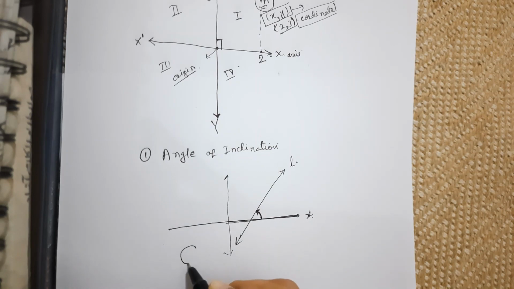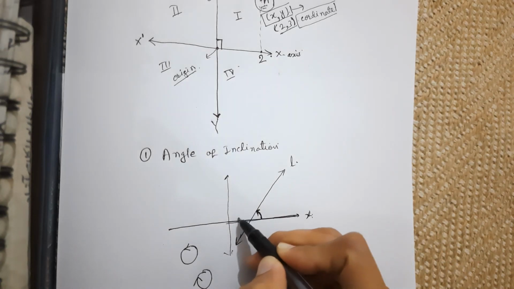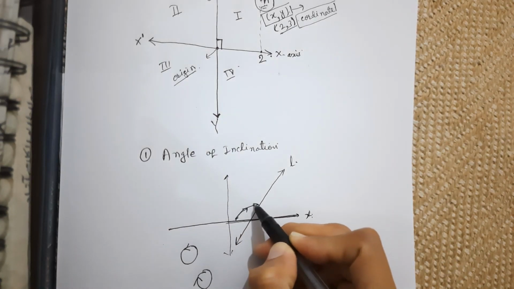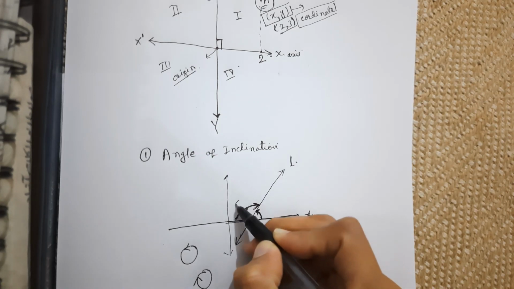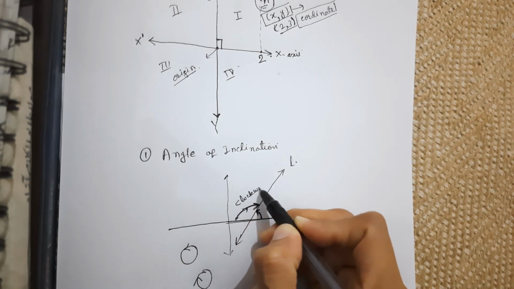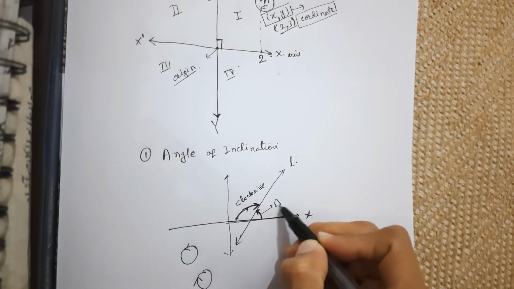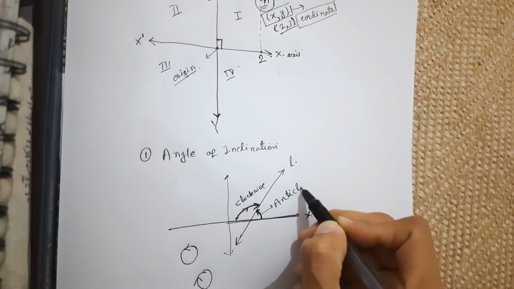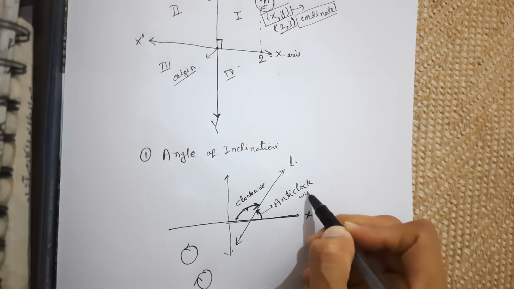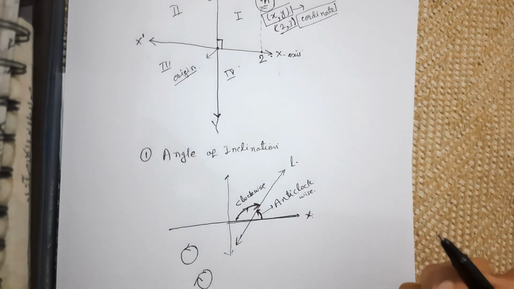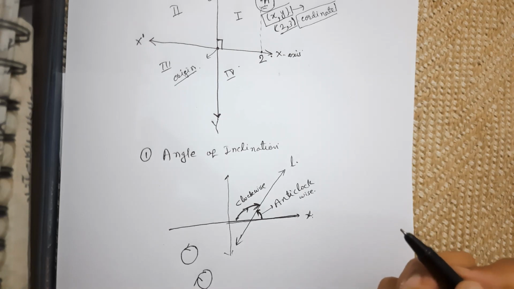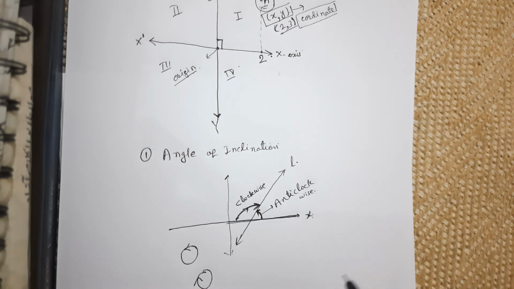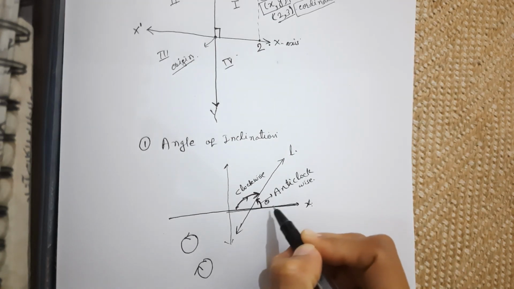Okay, so this is the anti-clockwise direction and this will be the clockwise direction. If I measure this angle from this side, then it is the clockwise direction, right? And this is the anti-clockwise direction. So the angle of inclination is the angle measured from the positive x-axis in the anti-clockwise direction.